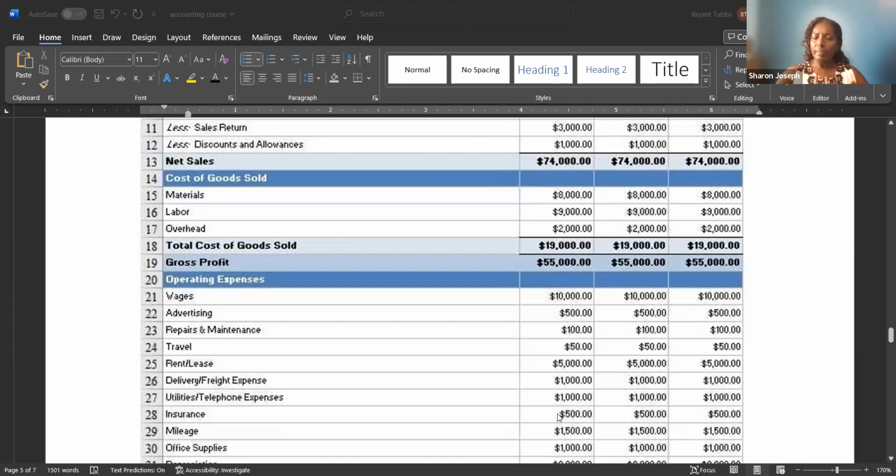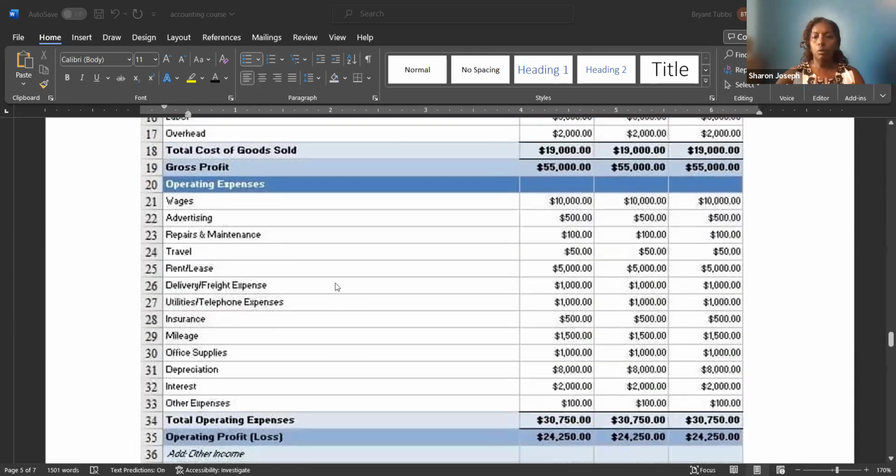Moving down to the next section of your income statement is where we record all of your operating expenses. This is where you record your wages, advertising, repairs, and so forth, all of your expenses used in your regular day-to-day operations. Gross profit is a credit balance. Expenses are debit balances.